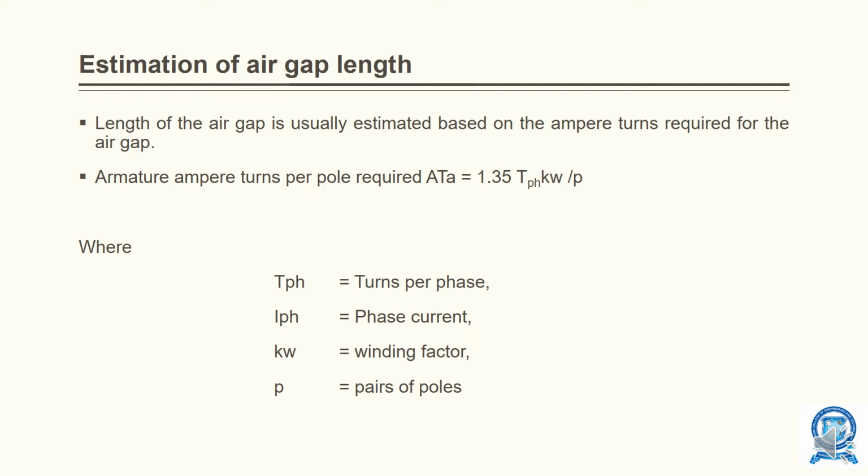So let us see how to estimate the air gap length. The length of air gap is usually estimated based on the ampere turns required for the air gap. Armature ampere turns per pole required, ATa, is equal to 1.35 T phase I phase kw per pole, where T phase is turns per phase, I phase is current per phase, kw is winding factor and P represents the poles.